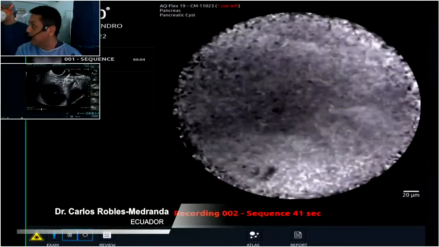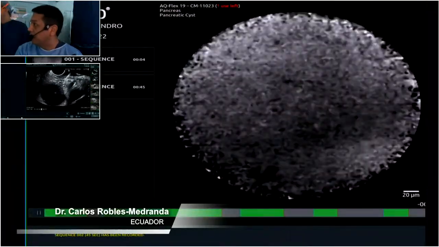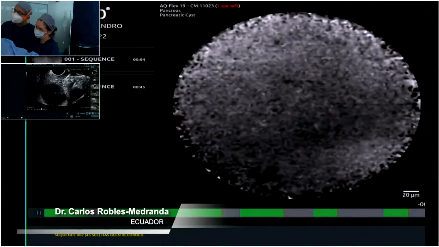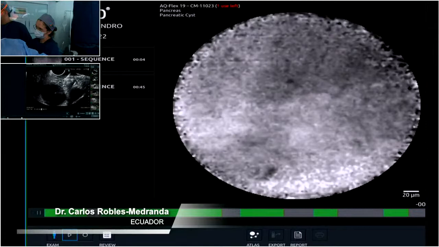in your screen now. What I see is epithelium here. I am not seeing any vascularity as we can see during serous lesion.